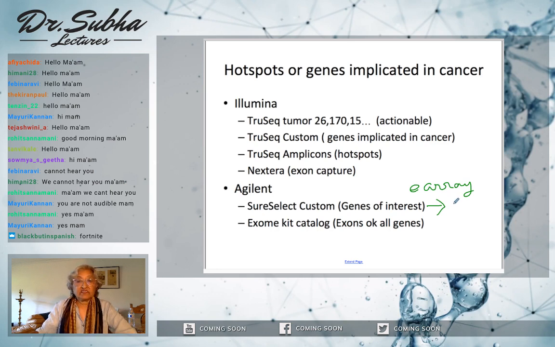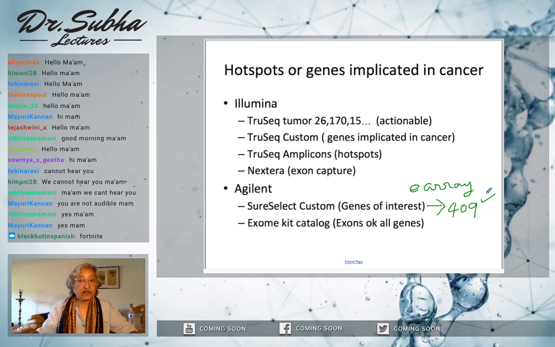There are 409 genes that are listed in the Broad Institute website as consensus cancer genes. If you want to interrogate all those 409 genes, you can order a Sure Select Custom Array, and you say that, okay, I have interrogated all the genes implicated in cancer so far.